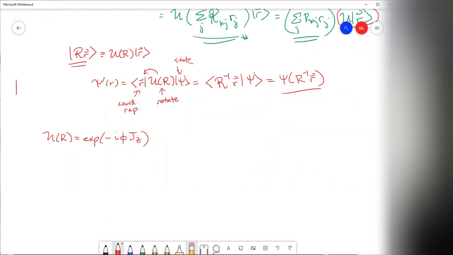Incidentally, I'm using units where h bar is equal to 1, so I'm not dividing by h bar or doing anything like that. So in this case, the commutation relations of the angular momentum components are as follows. If you wanted to stick back in the h bars, you would just recognize that whenever you have a j, you have a unit of h bar, because j has units of h bar.